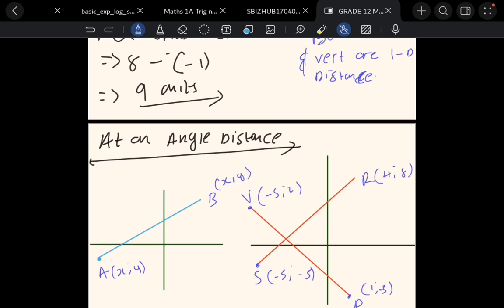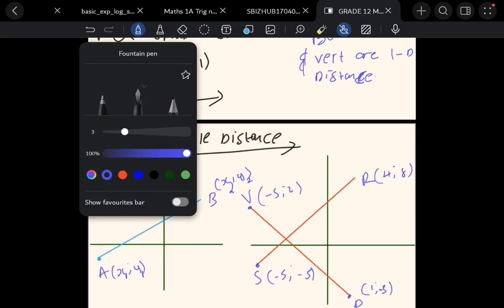But you need to choose for yourself, because these x's are not the same. So I'll call this one x1 and that one x2. This y is y1, and that y is y2, because these y's are not the same. Understand? Now, they make an angle theta.